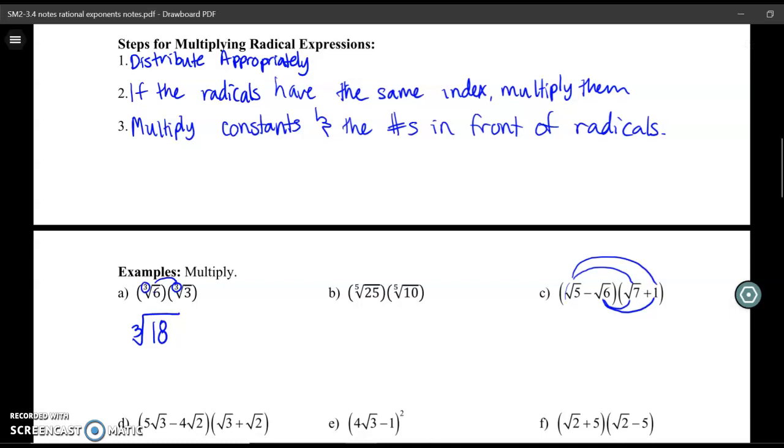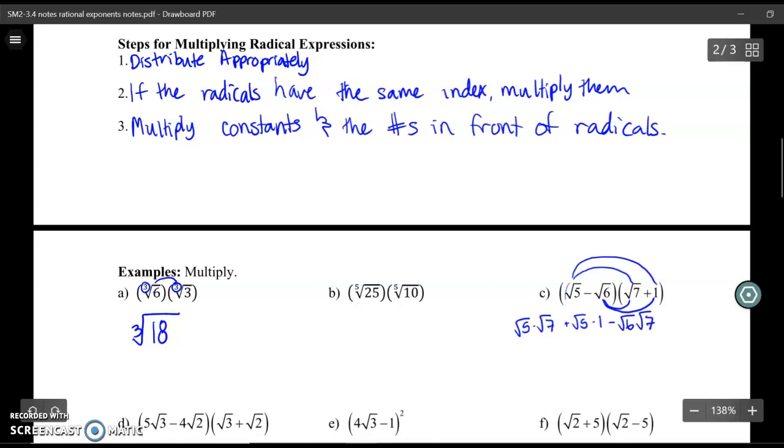Okay. So let's just start with the square root of 5. If I distribute the square root of 5, it would be the square root of 5 times the square root of 7 plus the square root of 5 times 1. And then I'm going to be multiplying the negative square root of 6 times the square root of 7. So the minus square root of 6 times square root of 7.